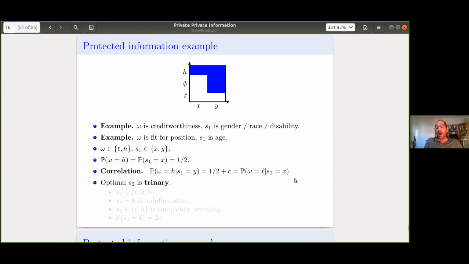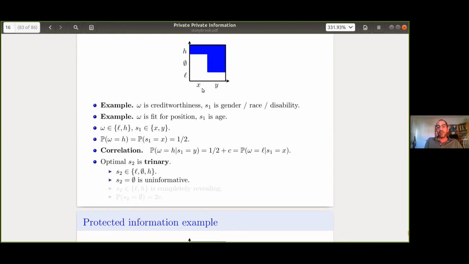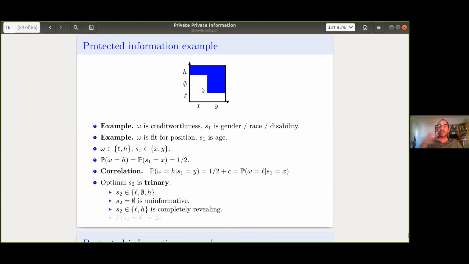It turns out that the optimal signal that I can give you is what's depicted up here. The signal will have 3 values, either low, the empty set, or high. When you get the empty set, you're told nothing. It's 1/2. So you can see when you get the empty set, your posterior is 1/2. The low or high signal is completely revealing. You know exactly what it is.